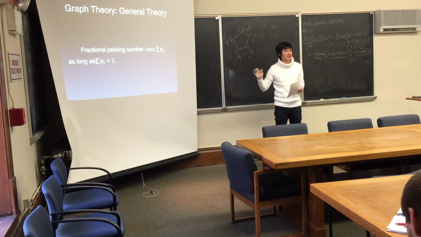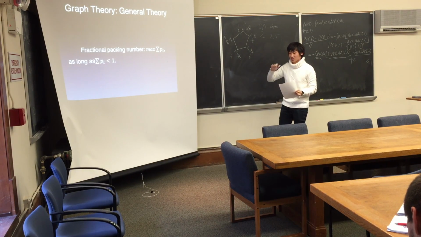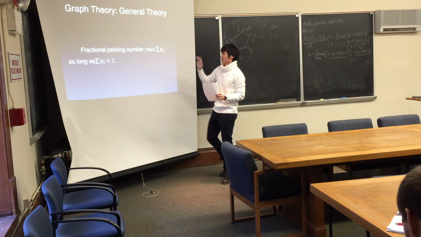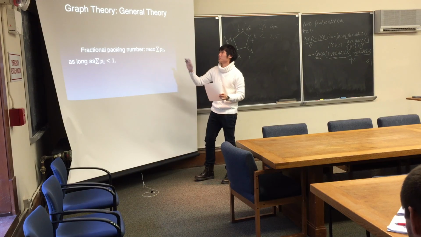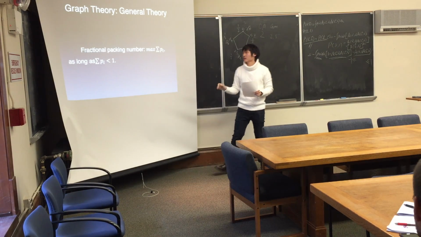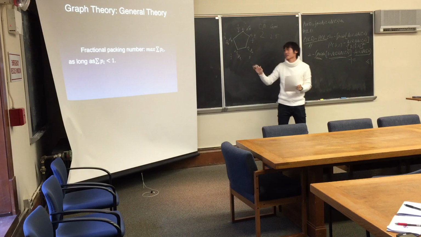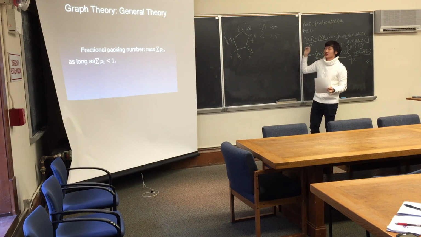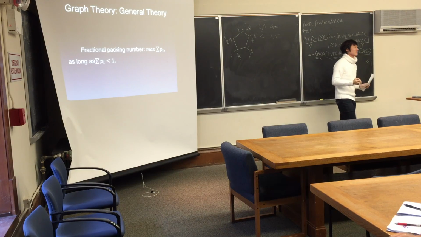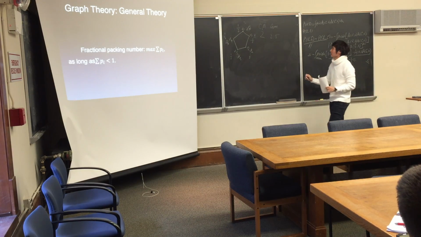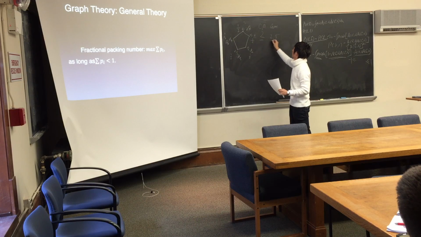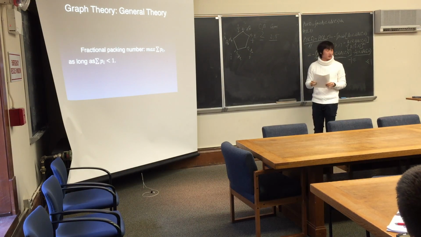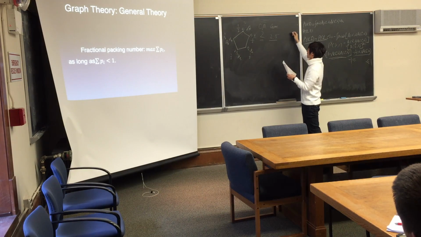You go to the maximum, and the only constraint is that for mutually exclusive events, the sum of their probabilities cannot exceed 1, like here. So that's the more generalized theory. You get 2.5 for this specific graph, the magic pentagon.